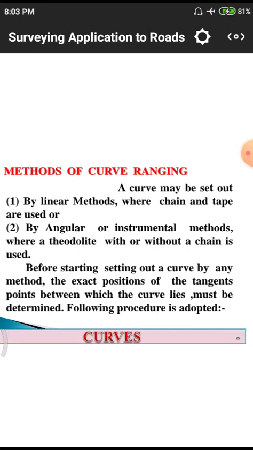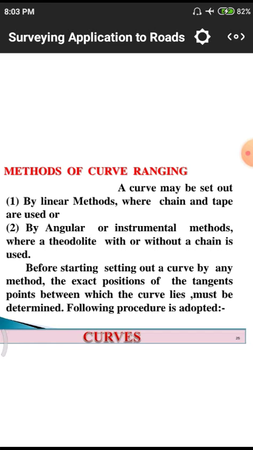Now we have equipment like the total station. This equipment directly gives lengths and angles of inclination with particular points and lines, whereas the theodolite is used for calculating these angles.